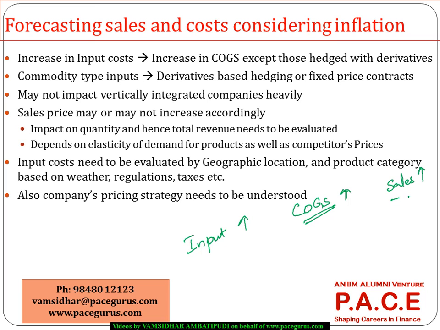But if I have to increase my sales price, I have to see, will there be any fall in my quantity sold? Because if price is increased, there is a possibility that the quantity sold will decrease. For that I need to evaluate, what is the level of elasticity?